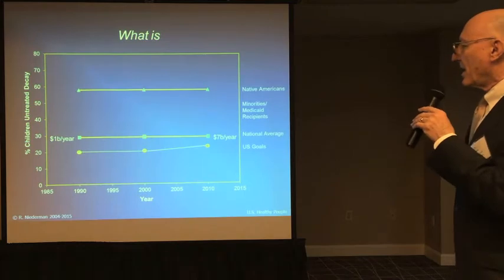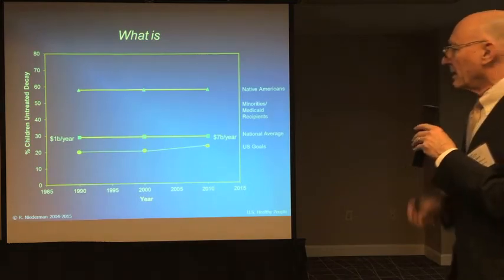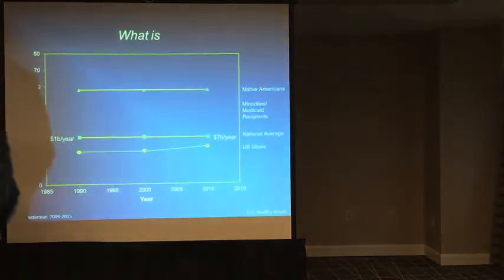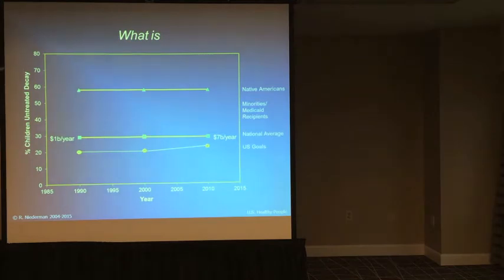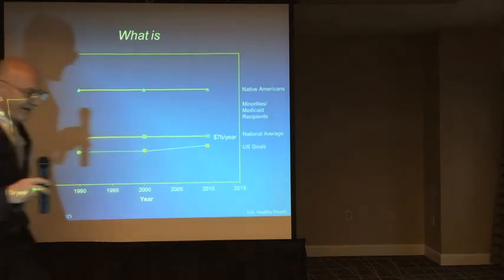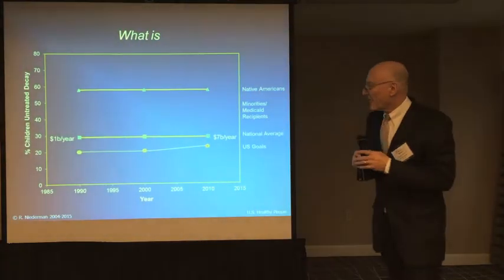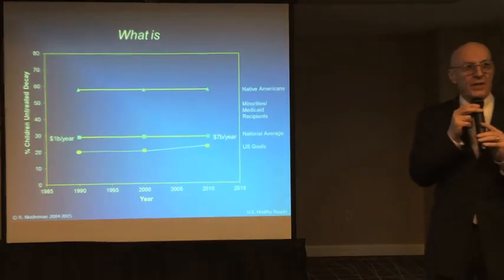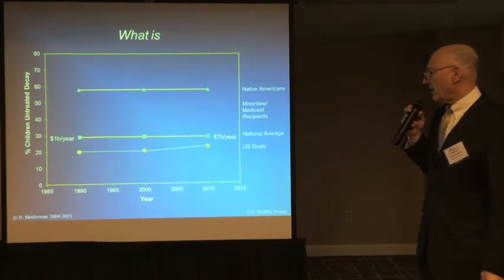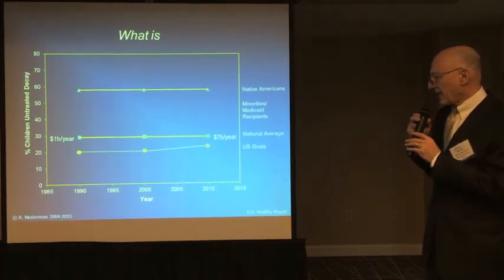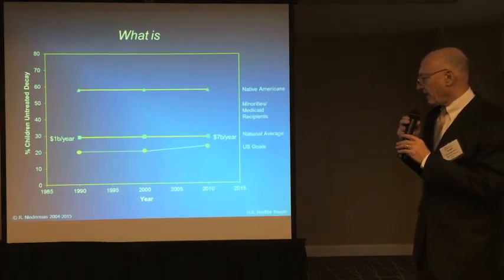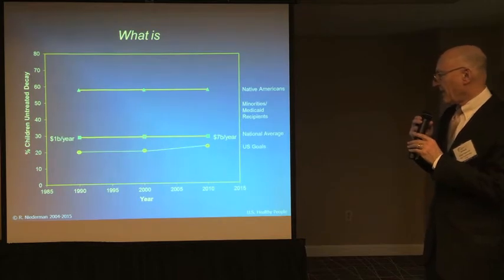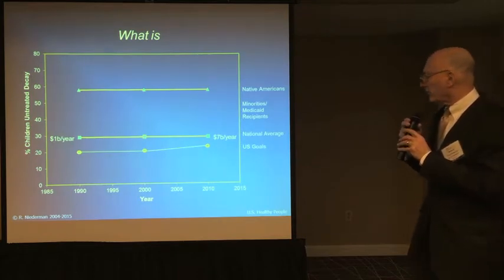So this is the problem as I see it. This data is from Healthy People. The y-axis is the percentage of kids with untreated decay in the United States, and the x-axis is 5-year increments from 1985 to 2015.